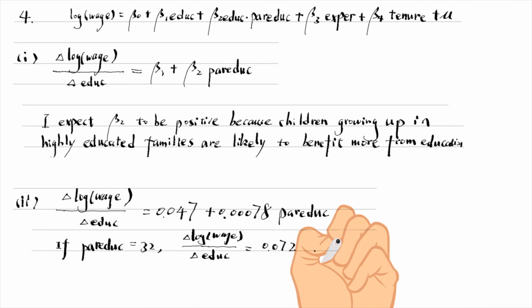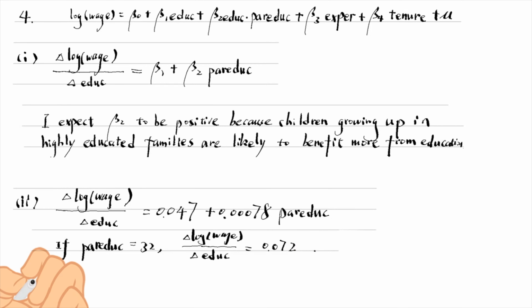If the parents' total years of education are 32, the individual's return to her own education is 0.072. It implies that if the individuals have both college graduate parents, the individual's wages are expected to increase by 7.2% for one more year of education.